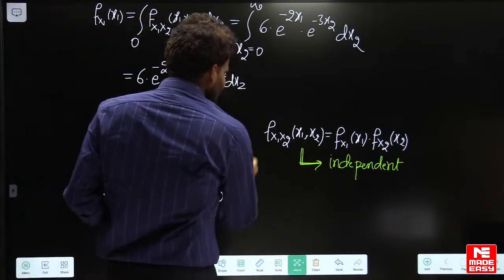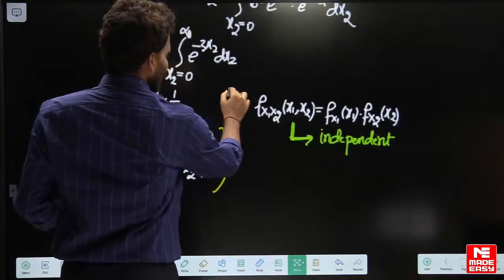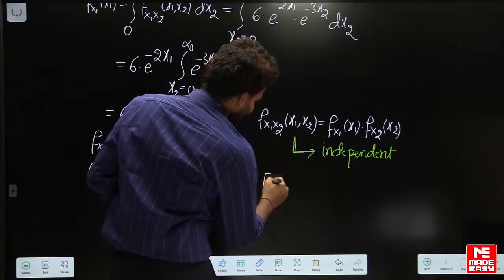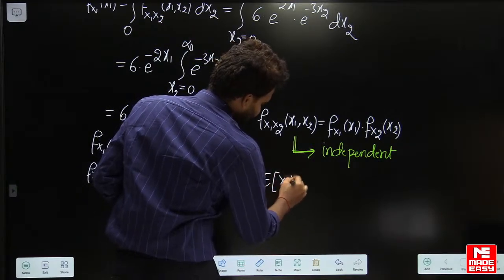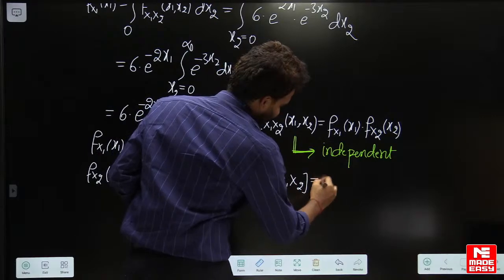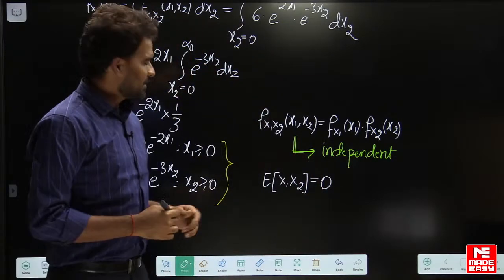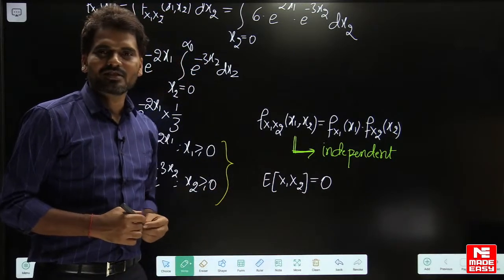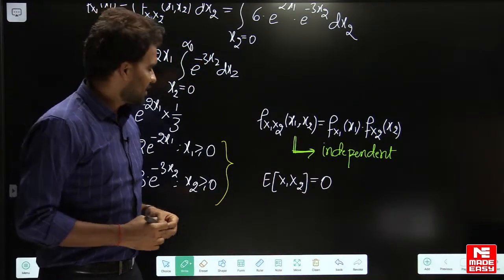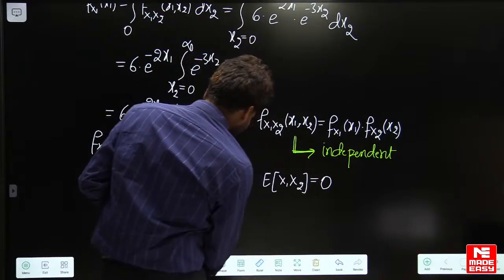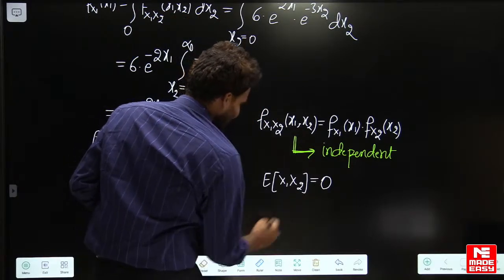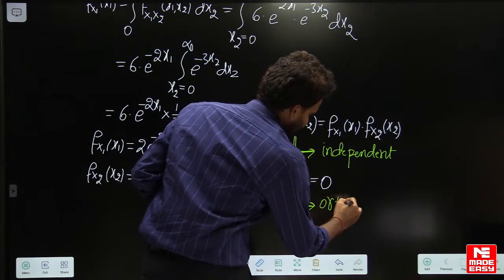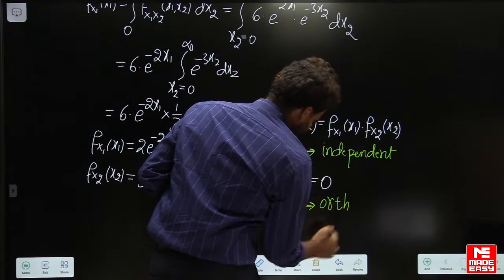Yes, fine. And one more thing, let me write it here. If expectation of x1 x2, which you can call the correlation function of x1 and x2, equals 0, then these two random variables are said to be orthogonal.